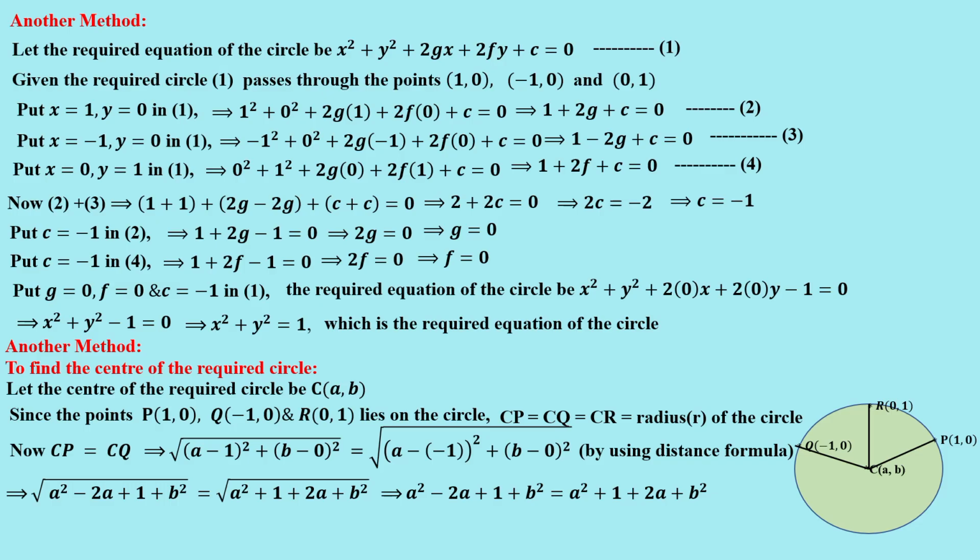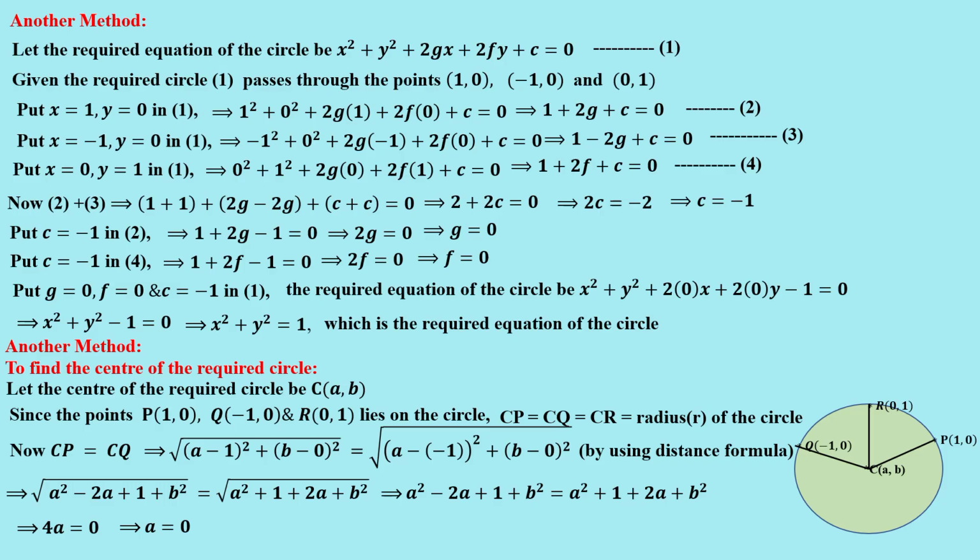We can cancel A square, B square and 1 on both sides. Taking minus 2A to the right hand side, we get 2A plus 2A equal to 0, therefore A is equal to 0.